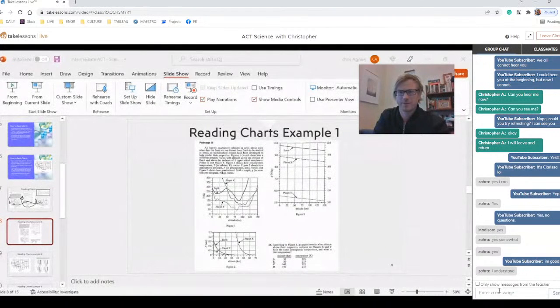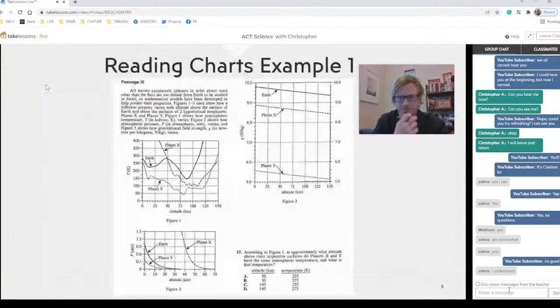All right, are you guys working on this one still? Everybody just type in the chat when you have the answer, okay? Or if you can't see something, please let me know. Planet X and Y. At approximately what altitude do they have the same temperature?